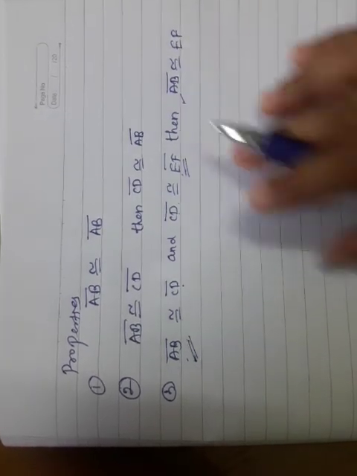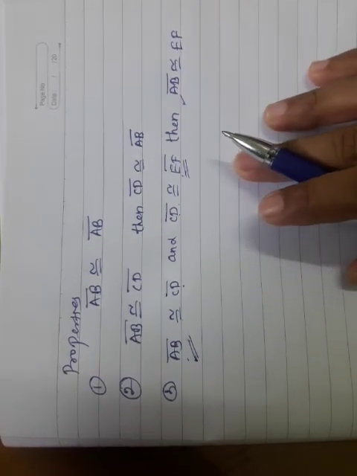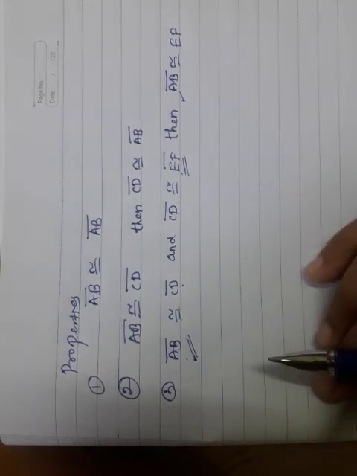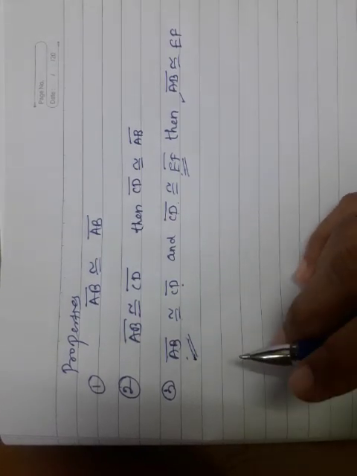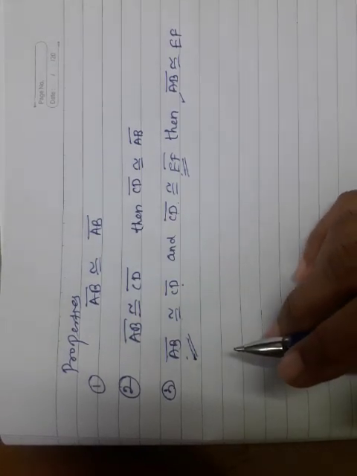These are the properties of congruence among line segments. You have to learn these properties. Understood, students? Thank you.